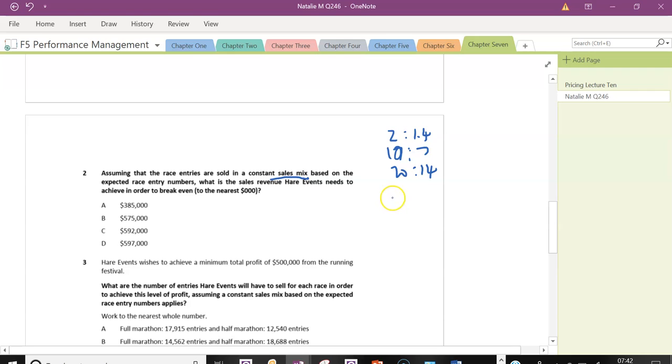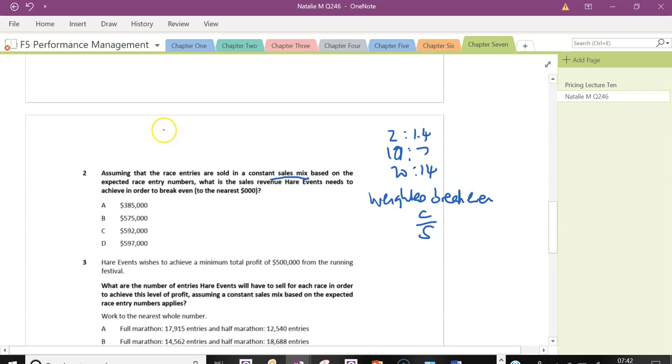So the question is asking, what is the break-even revenue? Well, we need to find the weighted break-even, C over S, ultimately.